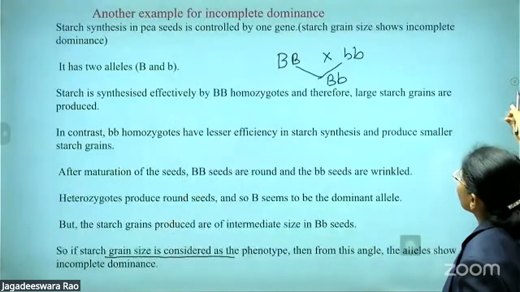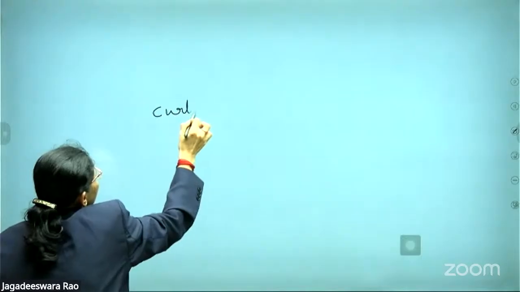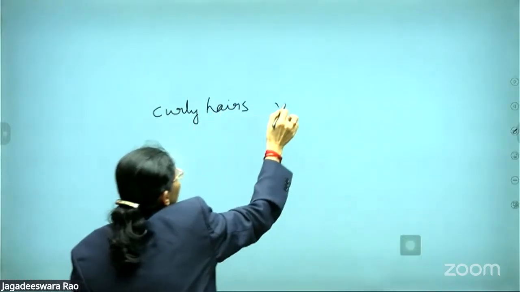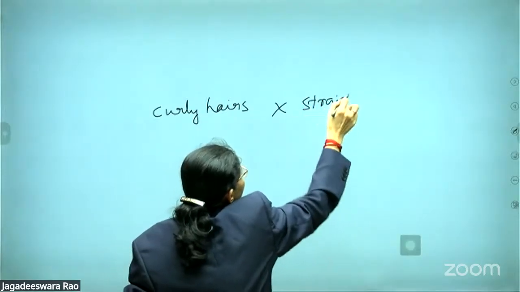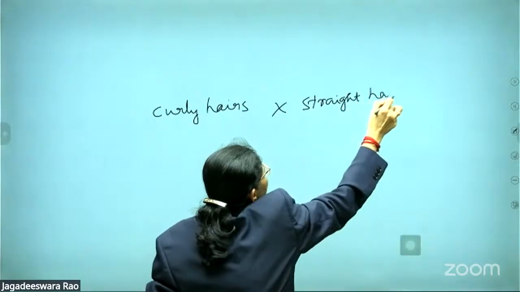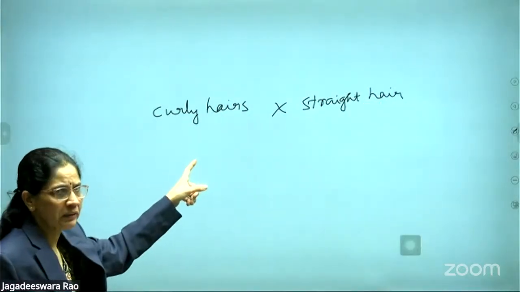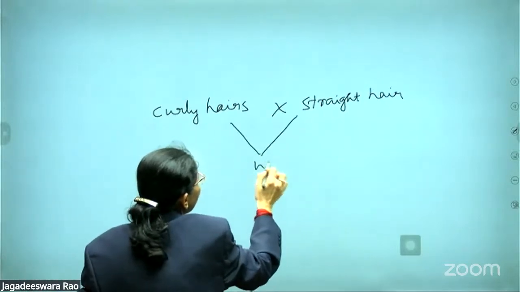Before that, let me give some more examples. In human beings, there are curly hairs, you know, right? Some human beings have curly hair, and I am having straight hair, right? Some are having straight hair. If these two persons are crossed, a straight hair person and a curly hair person, the resulting individual will have wavy hair.